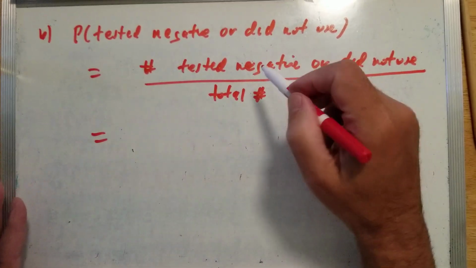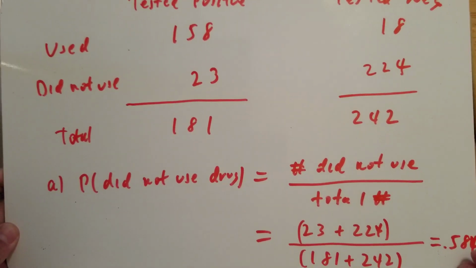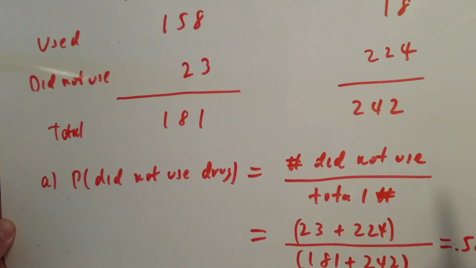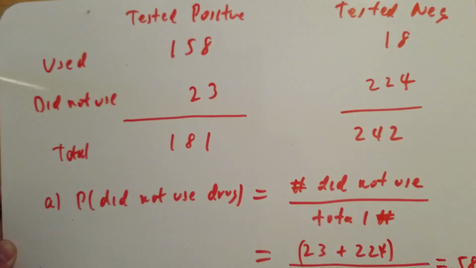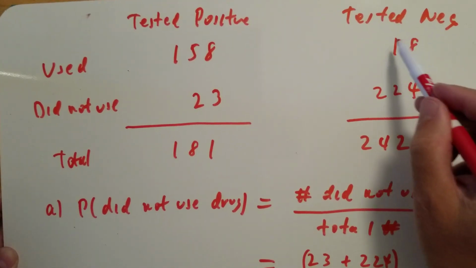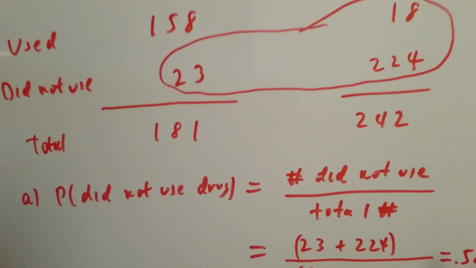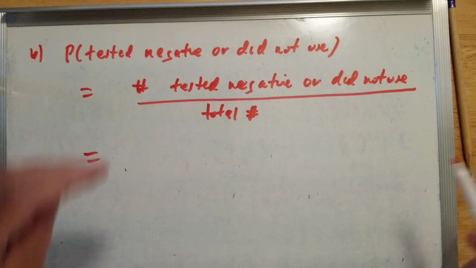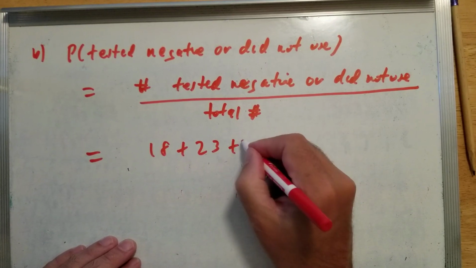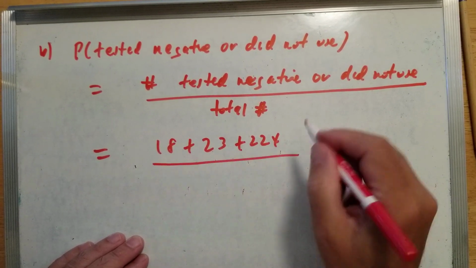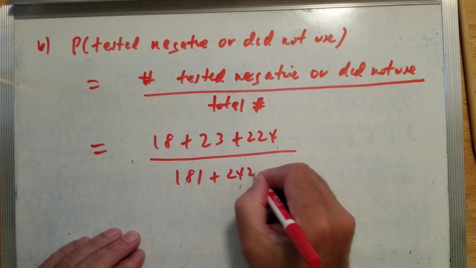Now the number who tested negative or did not use, going back to the chart, is this 18 plus 224 plus this 23. So 18 plus 23 plus 224, and the total number again is 181 plus 242.